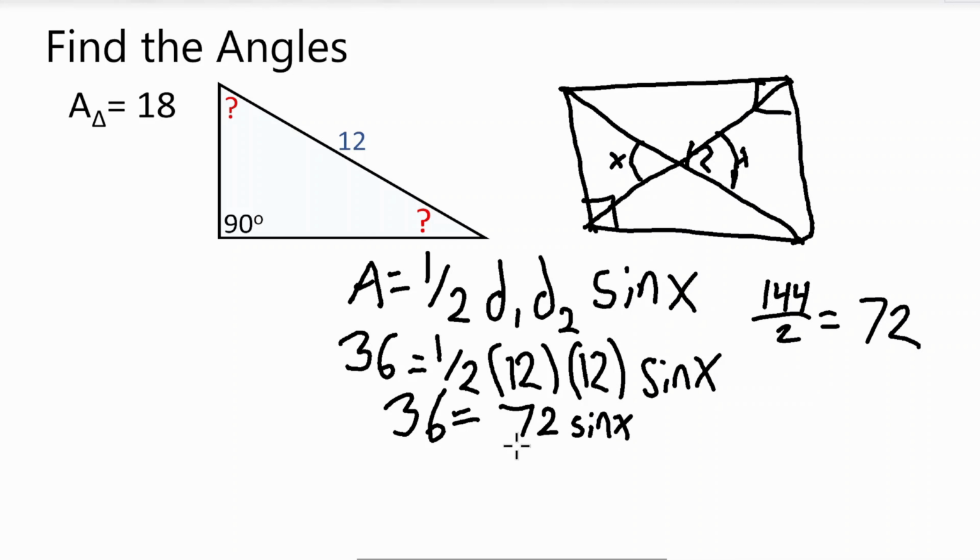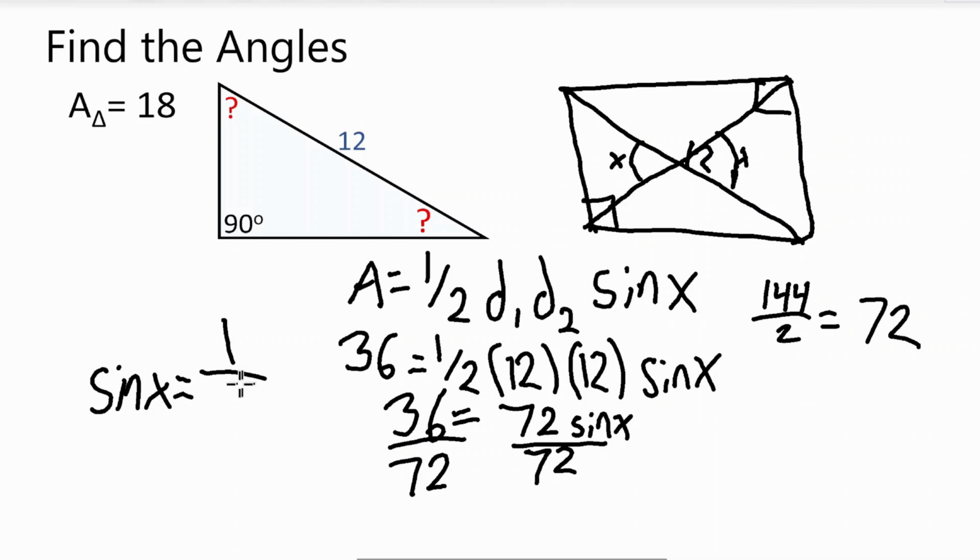And now we want to get sine x by itself, so we divide by 72. That gives us sine x is equal to 36 over 72, which we can simplify into 1/2. Okay, so sine x is equal to 1/2.